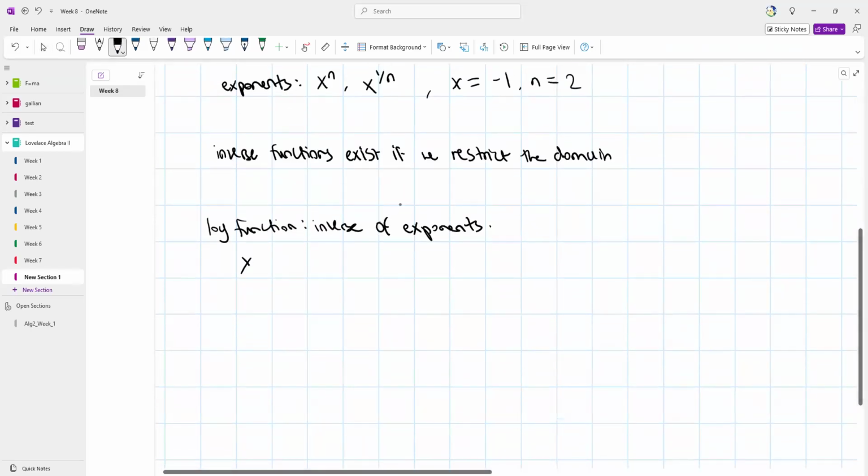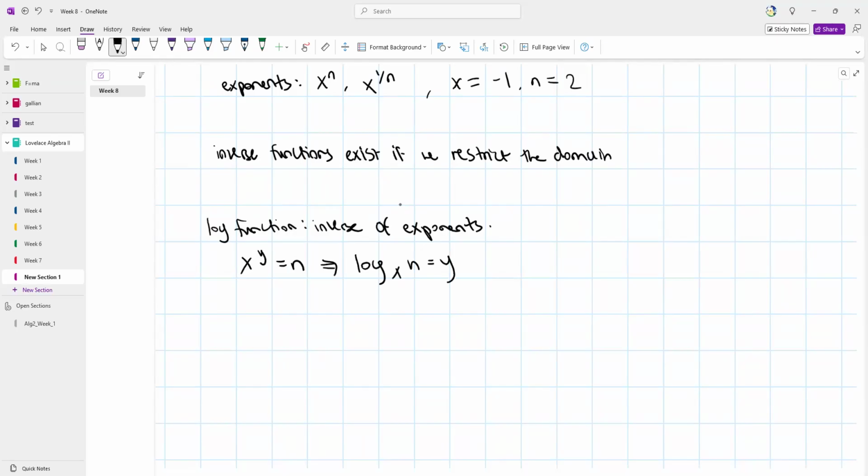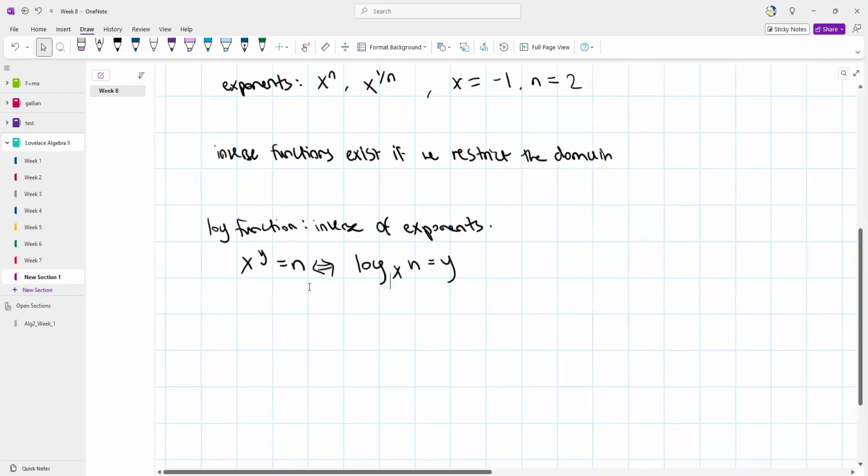So say that we have x to the power of y is equal to n, then we write log base x of n is equal to y. So these two statements are equivalent, and these two expressions are actually the exact same thing.